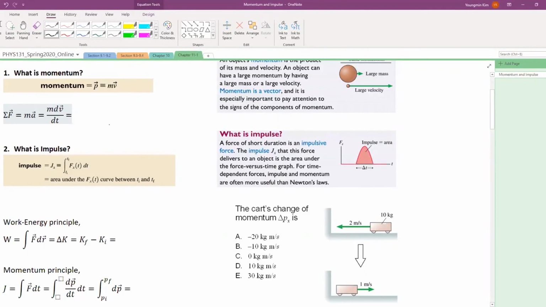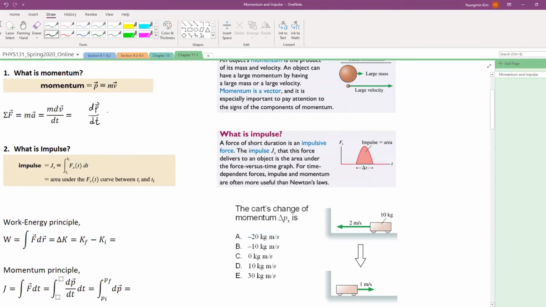Now knowing the definition of momentum, let's try to rewrite Newton's second law. The net force is equal to ma. Now we know the sum of forces, the net force, is equal to ma, and we know acceleration is the derivative of velocity in time. If you take a look at this expression, and knowing the definition of momentum, it is nothing but dp over dt.